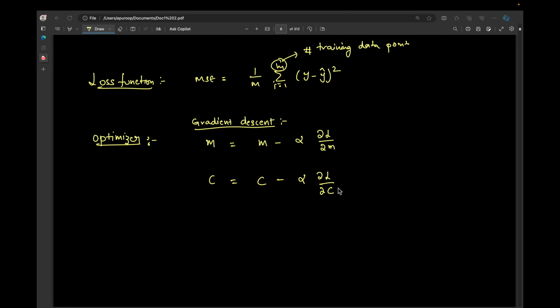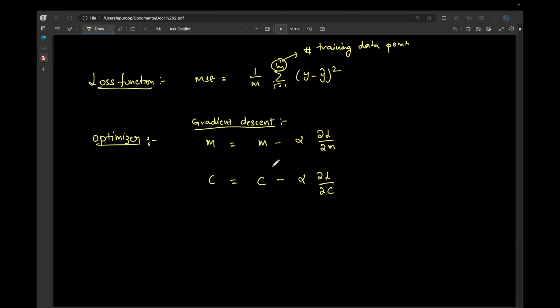Okay, so this is the gradient descent formula. Like that, we'll be doing it individually for each and every parameter that we are having. In linear regression, we have only two parameters, m and c, so we'll apply gradient descent only for m and c. If you have multiple parameters, then we'll do it for each and every parameter.